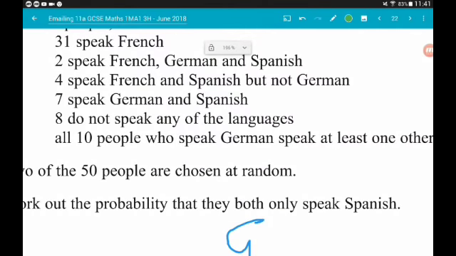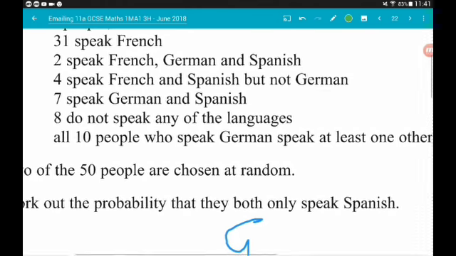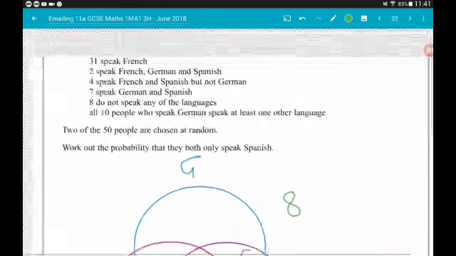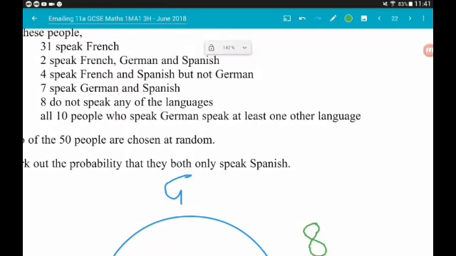We're told 8 people do not speak any of the languages, so that 8 goes on the outside. Now we're told all 10 people who speak German speak at least one of the other languages.